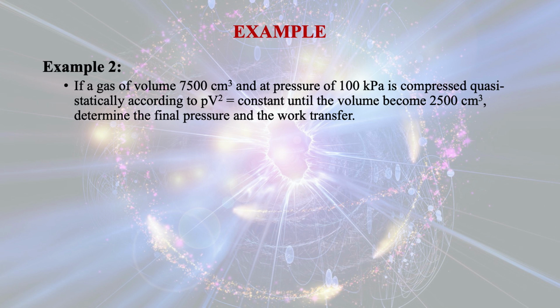Let us discuss the second problem. A gas of volume 7500 centimeter cube and at a pressure of 100 kilopascal is compressed quasi-statically according to PV square is equal to constant until the volume becomes 2500 centimeter cube. Determine the final pressure and the work done.